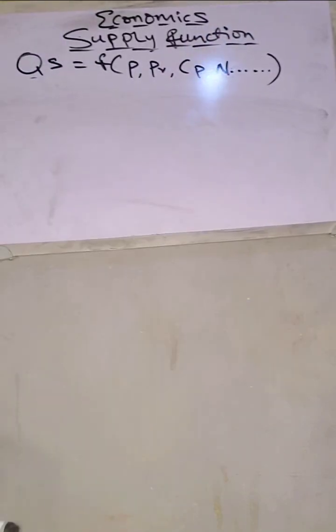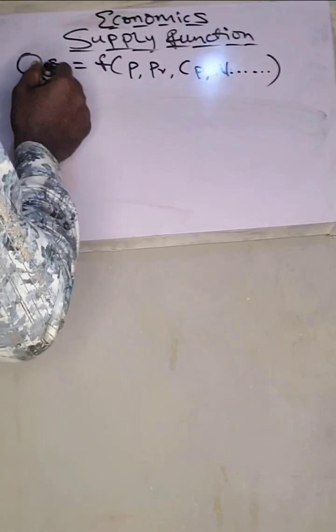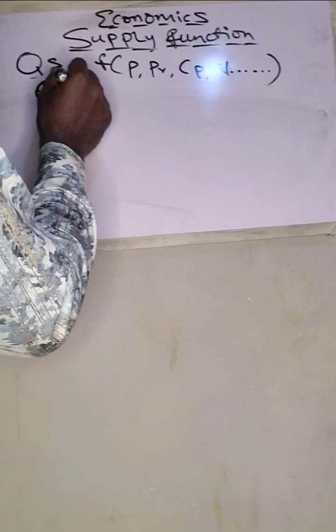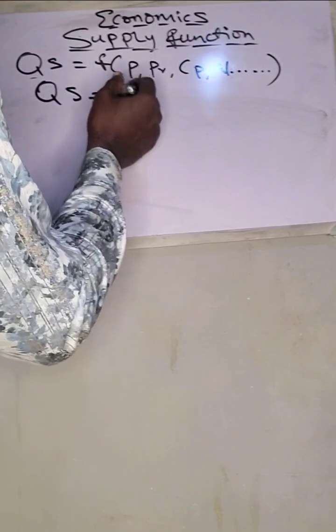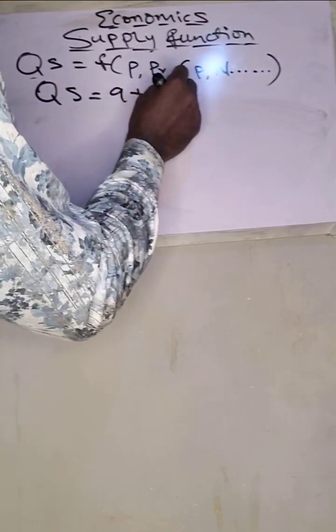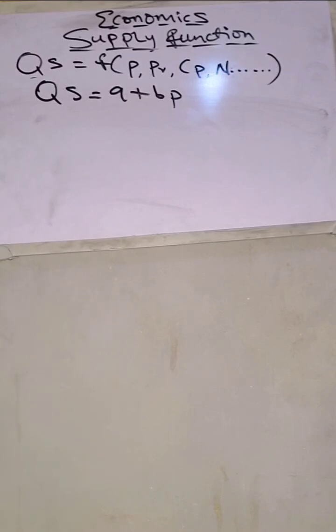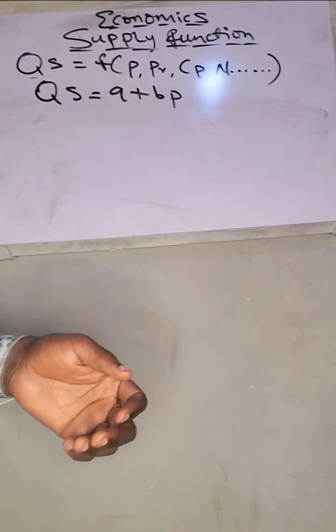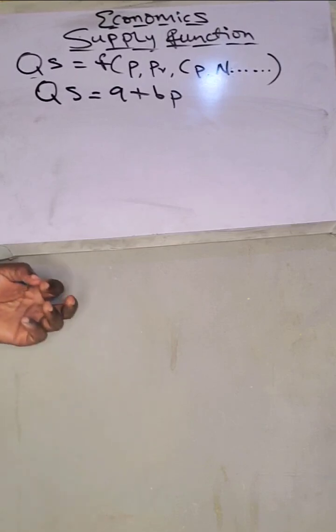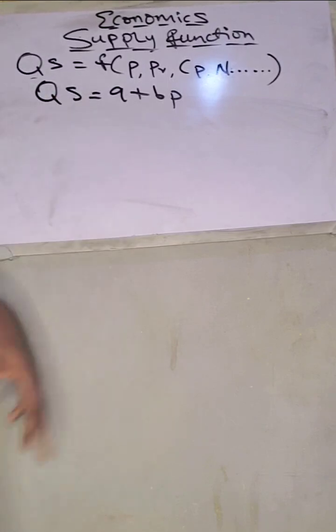I want you to understand this supply function. QS is equal to A plus BP. This is the supply function. QS is for quantity supplied.